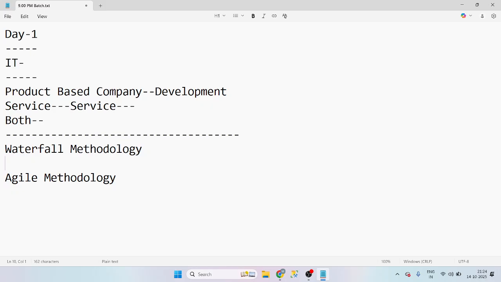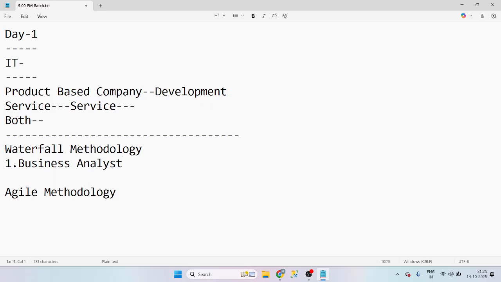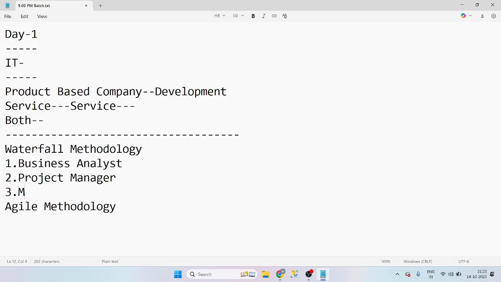The first one is business analyst. Second is project manager. Third is manager. The fourth is developer.